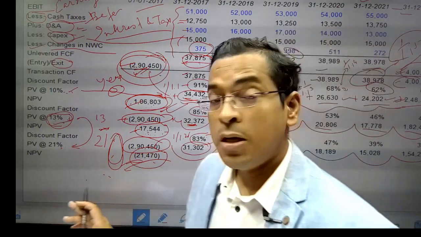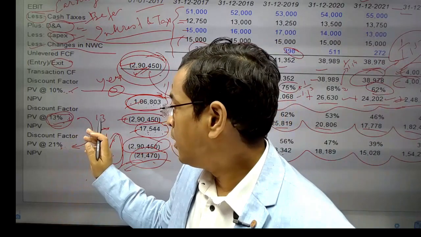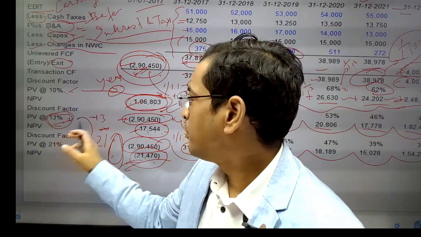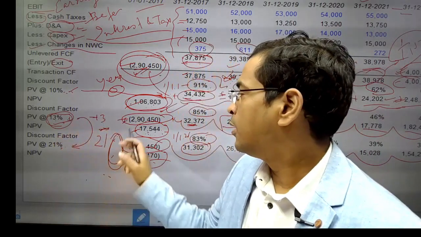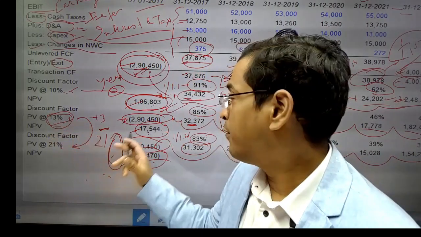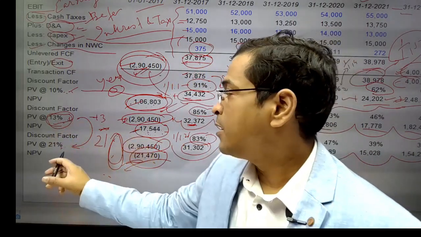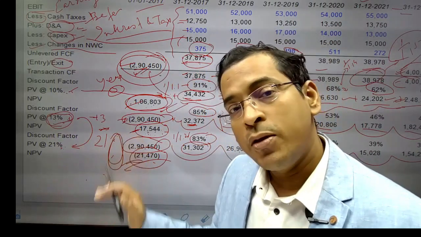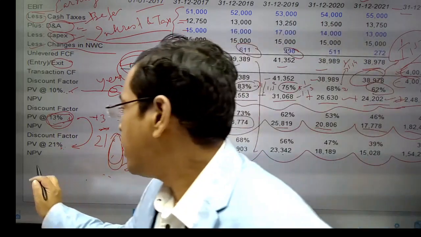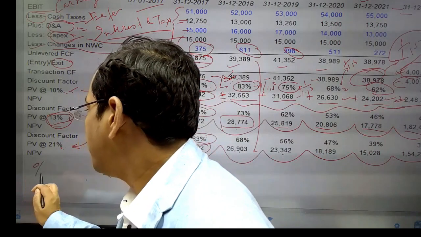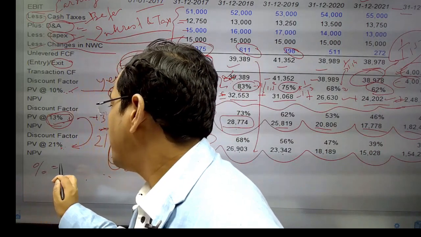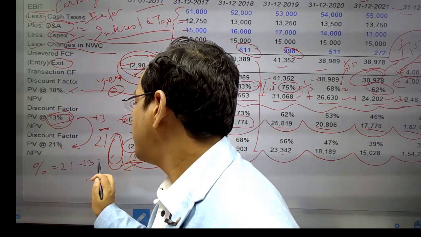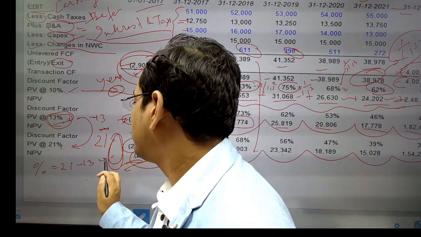We first look at the difference of the interest rate. The discount factor which gave us a positive cash flow, and the discount factor that gave us a negative cash flow. What is the difference between the two? In terms of percentage, the difference is 21 minus 13, which is 8%.